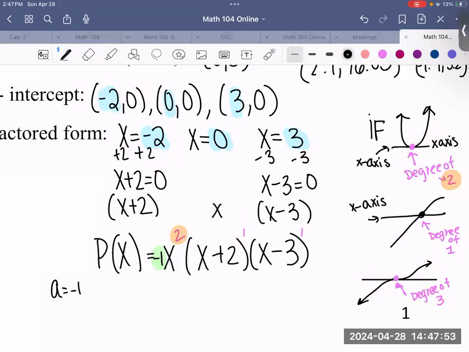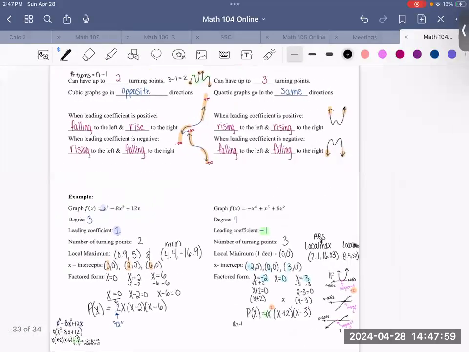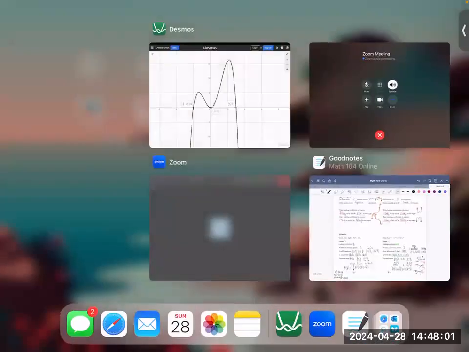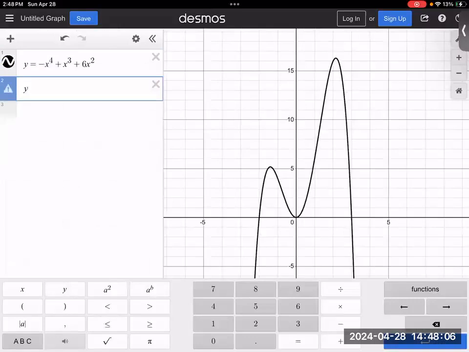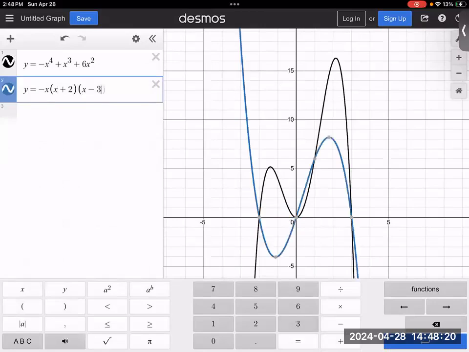My apologies, I thought I uploaded the correct notes. So if we change that, I'll show you that mistake and how I caught it so quickly. We said we had negative x, plus 2, and x minus 3.